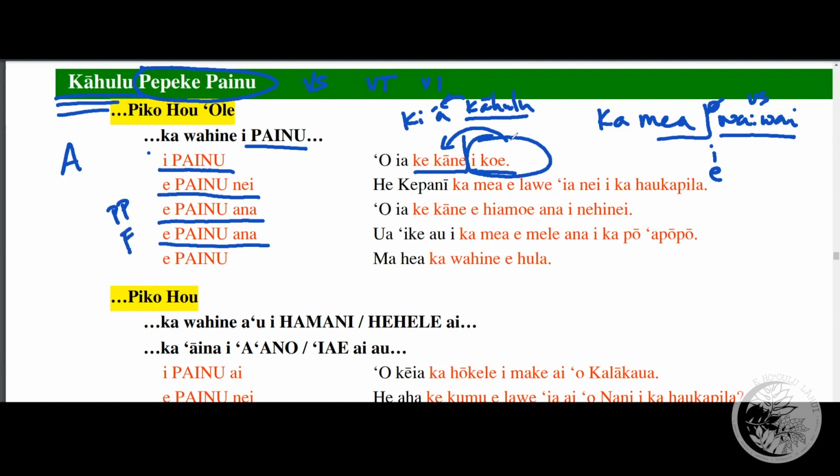Think of things like kawahine eheleana I kahalepule, the woman who was going to church yesterday. And the second one, kawahine eheleana I kahalepule, the woman who will be going to church perhaps tomorrow. Now, in regards to VS words, same thing. Kawahine e ma'iana, the woman who had been getting sick. Or kawahine e ma'iana I kalapopo, the woman who's going to be sick tomorrow perhaps.